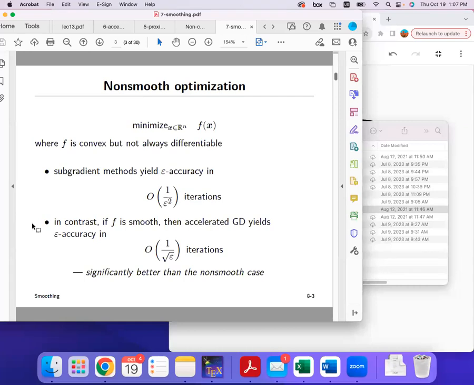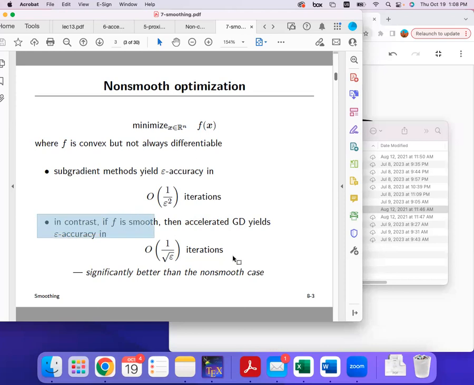However, in the previous lecture, we showed that, in contrast, if the function is convex and smooth, then we can apply accelerated gradient descent. And this one attains a much lower iteration complexity. It is 1 over square root of epsilon. You see these two have a huge gap.